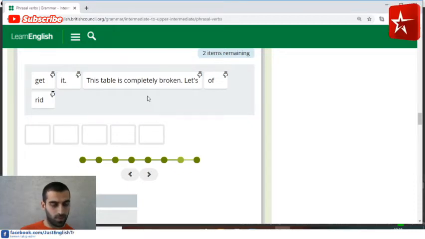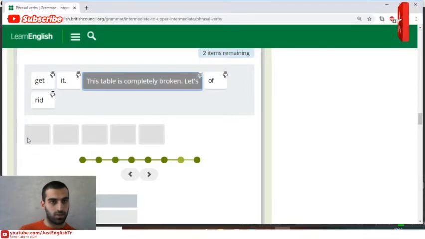Alright, so the first one, which one should I write firstly? Waiting for your comments. Okay, Mr. Hussein says this table is completely broken. Let's get rid of it. Mehmet Bozkurt says this table is completely broken. Let's get rid of it.